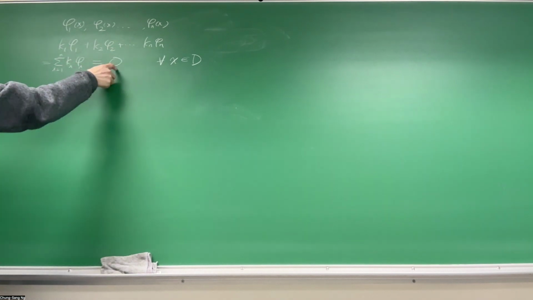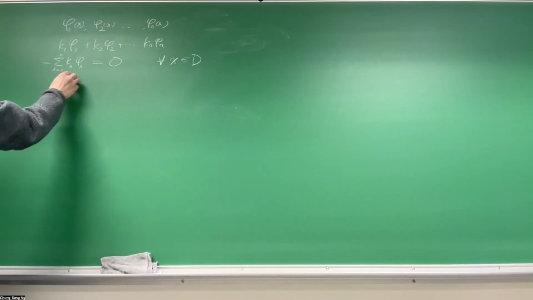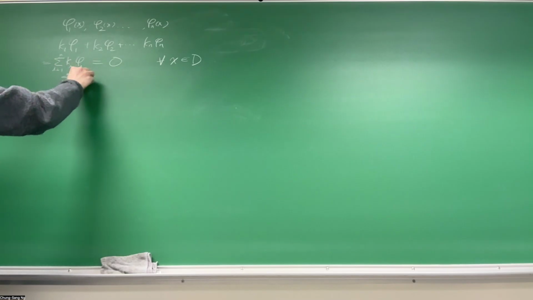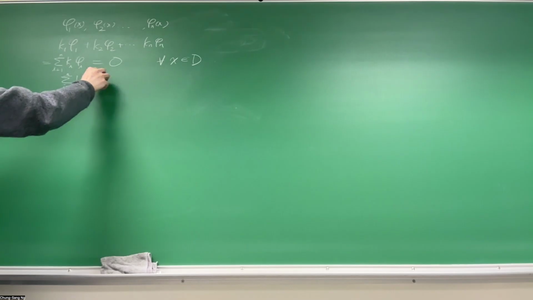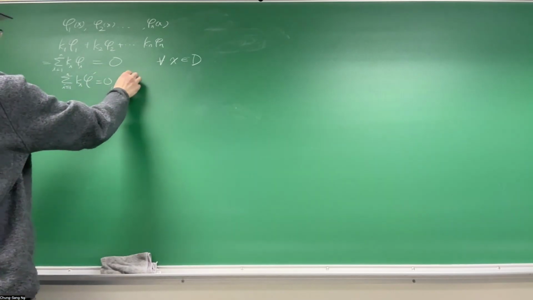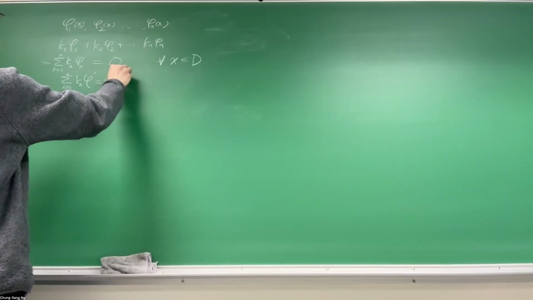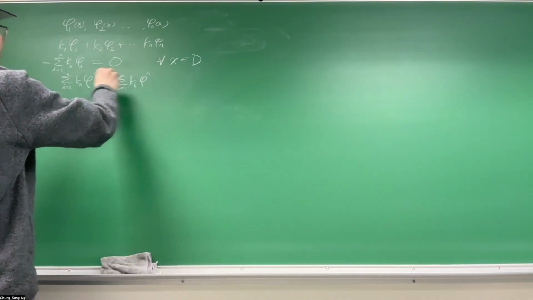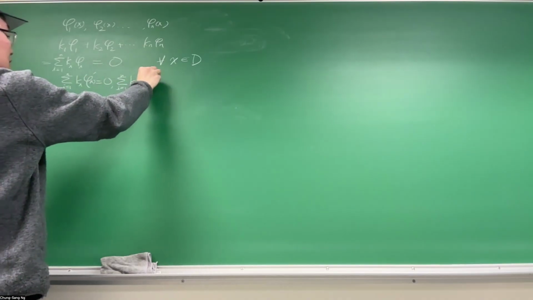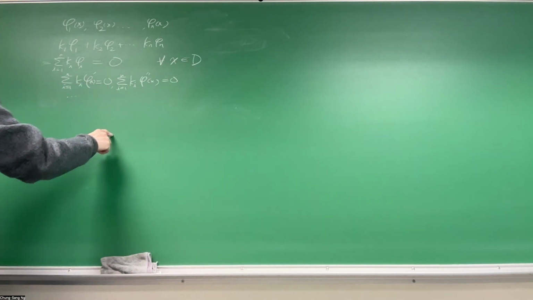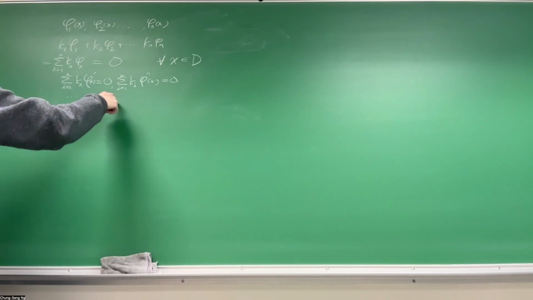Say this is true, the sum over i from 1 to n of k sub i phi sub i equals 0. Taking the derivative, the sum of k sub i phi prime i will also be 0, and likewise with phi double prime i. It's all a function of x. That's also 0, and so on. Altogether you need n equations.